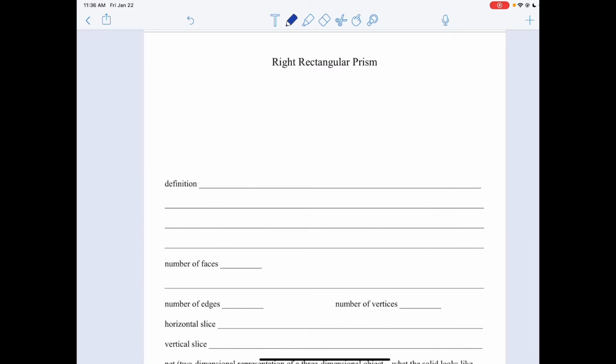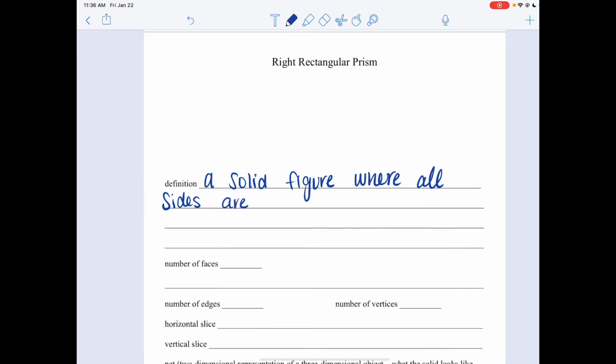So starting off with a right rectangular prism, this is a solid figure where all sides are rectangles and all sides meet perpendicular.